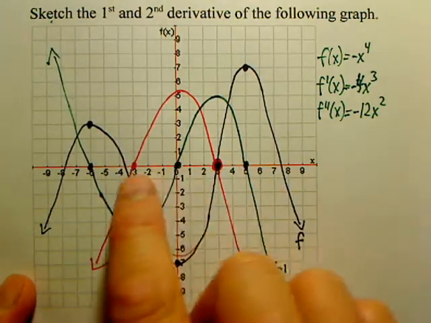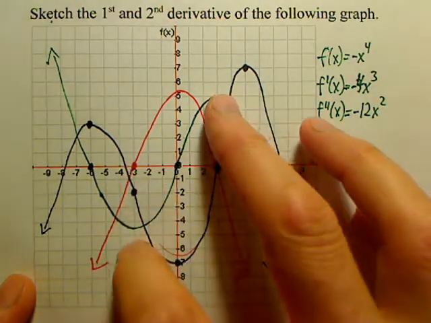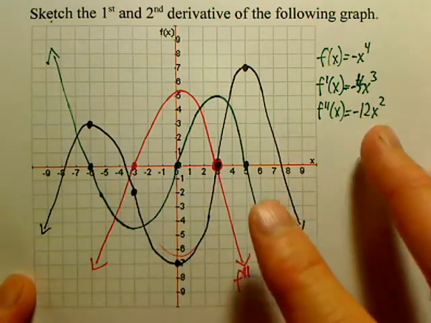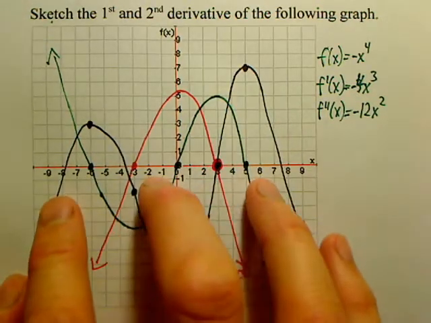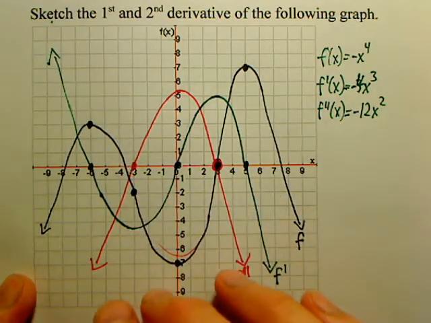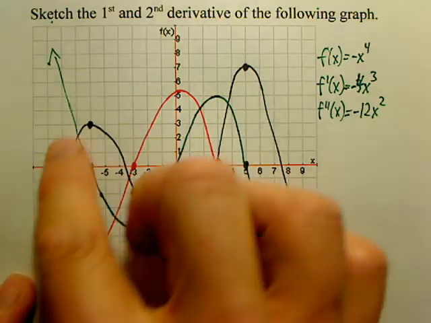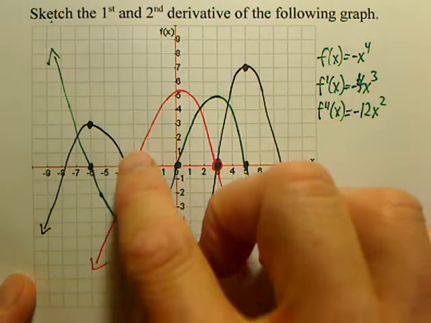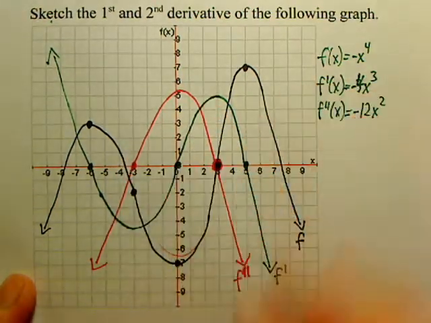You set the second derivative equal to 0, and at those points you're going to have maxes and mins. And then for the second derivative, you want to look at the concavity of the original. Where concavity is negative, it's concave down; where concavity is positive, it's up, and so forth.